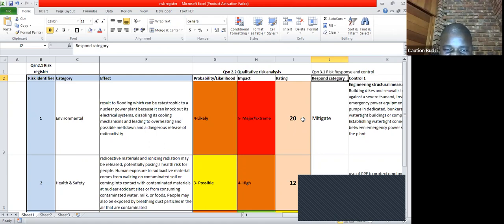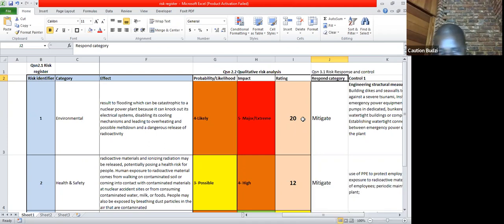The probability is between 50 and 75%. So I put a likelihood of 4. Then on the impact, provided that this risk occurs, the impact will be catastrophic. So the rating is 20, which is 4 times 5.